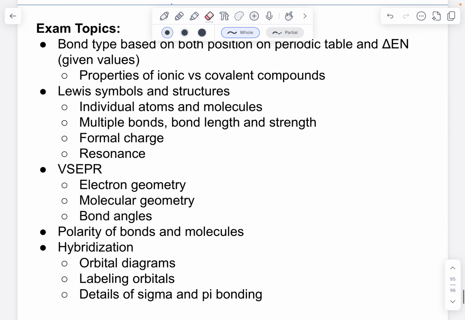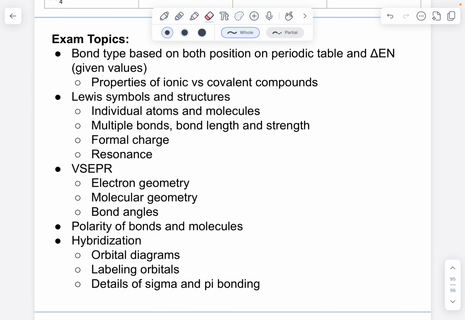Okay, list of exam topics here. I think we kind of have hit most of them throughout this unit. Some things that maybe might be a little bit rusty. I feel like we've done plenty on resonance. Maybe formal charge a little bit. Bond length and strength. Properties of ionic versus covalent. That was at the very beginning.